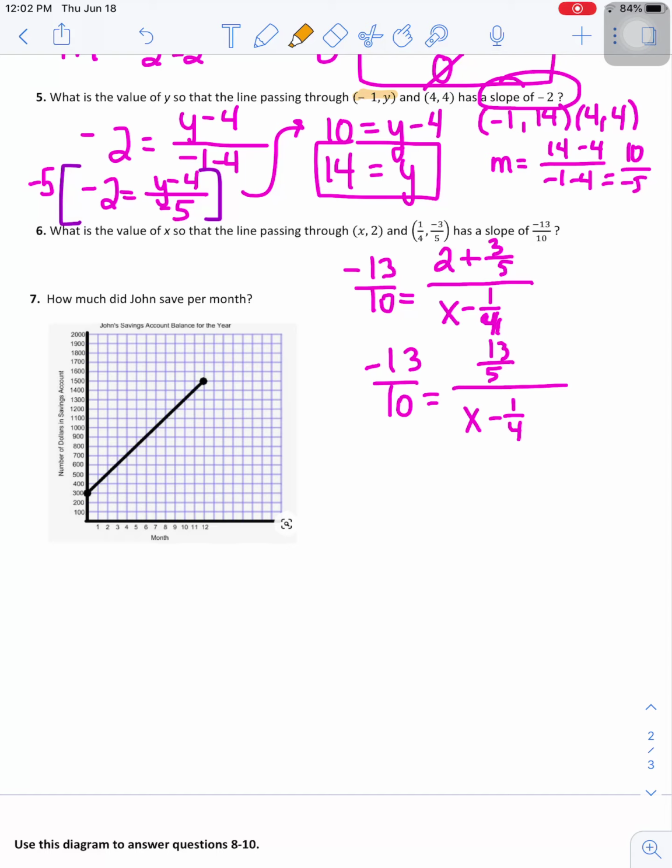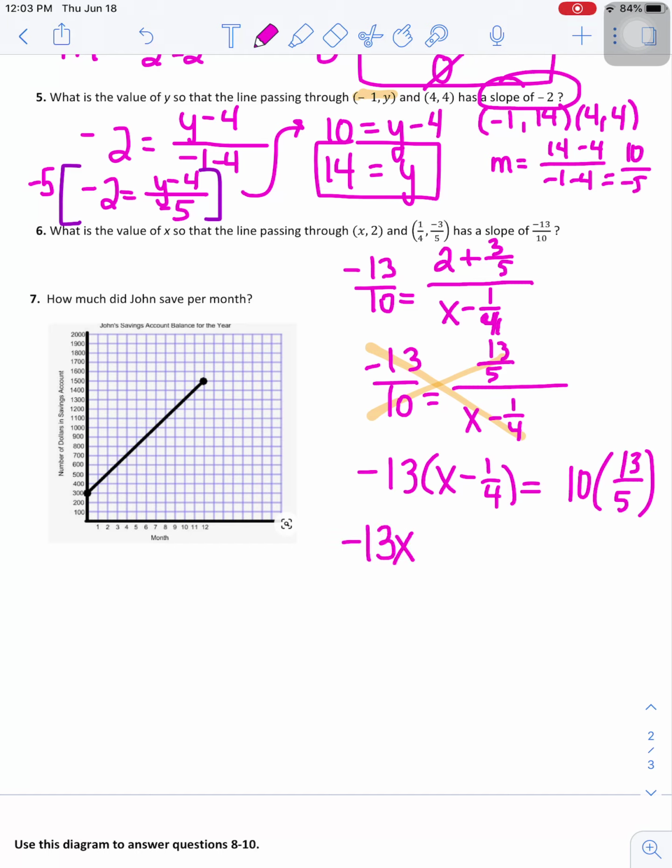Now, if you think back to junior high, you might remember that when you have two ratios, two quotients equal to each other, you can set their cross products equal to each other. So that means that negative 13 times (x minus 1/4) would be equivalent to 10 times 13/5. Well, if we distribute, you get negative 13x plus 13/4. And 10 times 13/5 is 26.